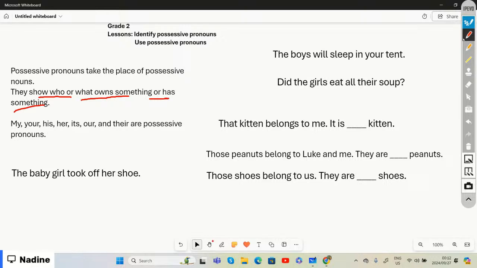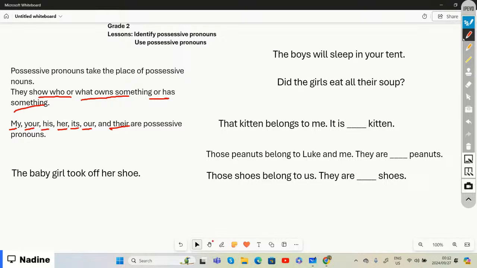And common possessive words, possessive pronouns are words like my, your, his, her, its, our, and their. It's their bike. It's our ball.